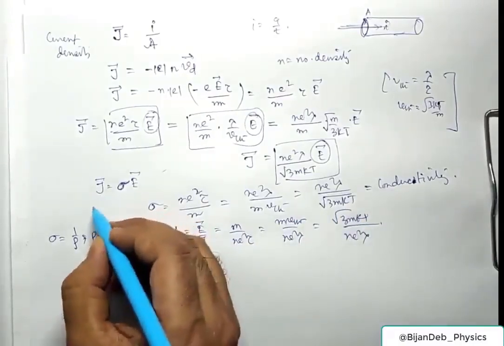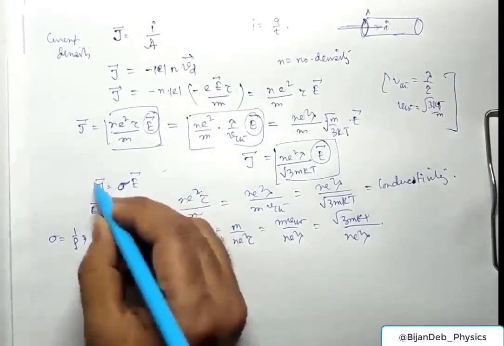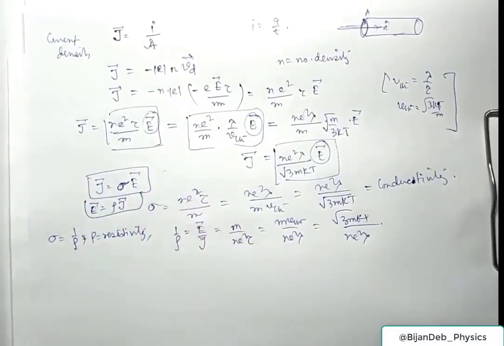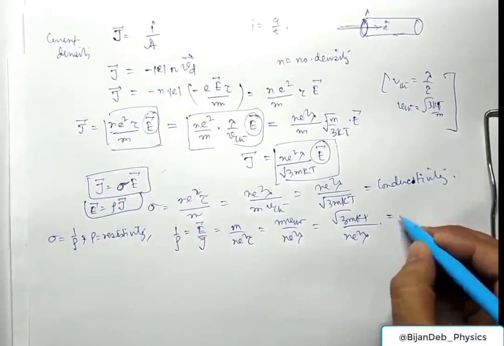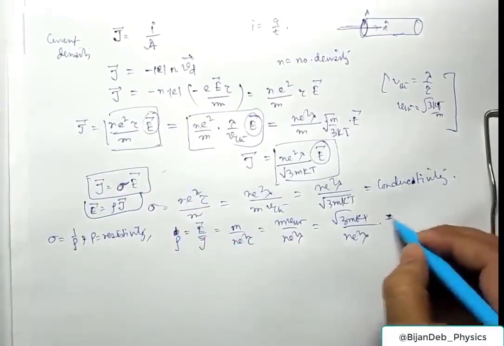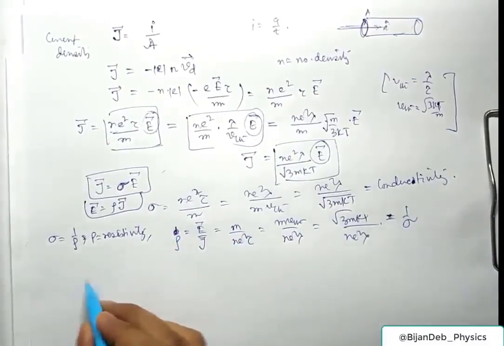In terms of this, we write E equal to rho J. Conductivity, resistivity: these are properties of the material. So rho will be 1 by sigma.